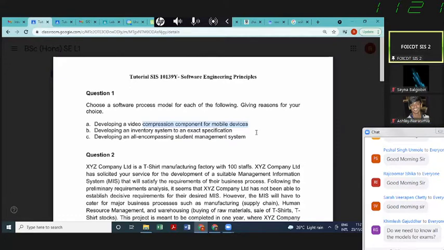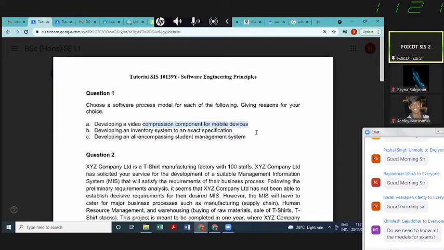If we talk about Agile, we have to understand the process as well. Agile is more for where you have interfaces, systems, and clients coming to see how the user is going to interact. Here we are talking about a low-level system, part A. If we try to understand this concept, a video compression component, we don't really have interfaces.